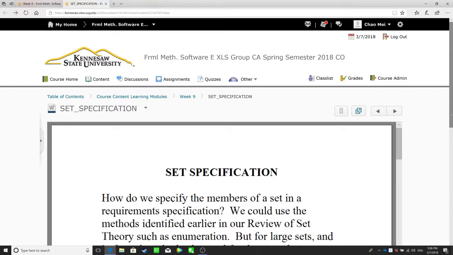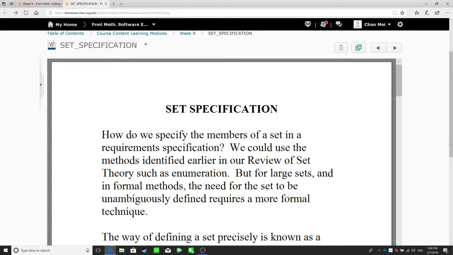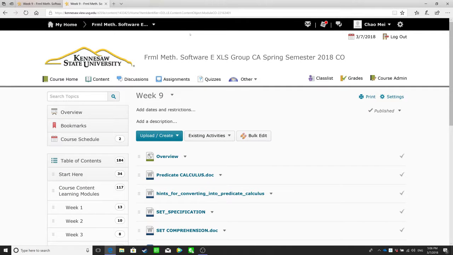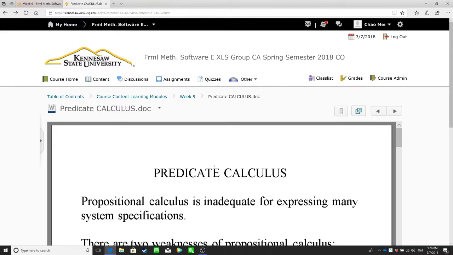Okay. So before we start talking about today's stuff, let's have a little bit of review of what we learned on Monday. Anyone remember what we learned on Monday? We learned something about predicate calculus, right?